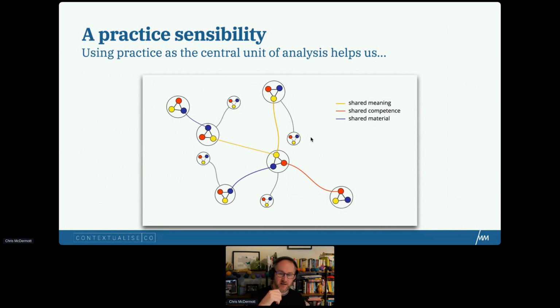And when we consider what to change, we can think about the appropriateness of meanings and how they relate, and how change can be accelerated or constrained by different materials and competencies, and how all of this relates.